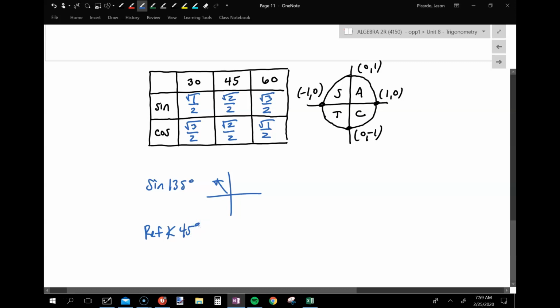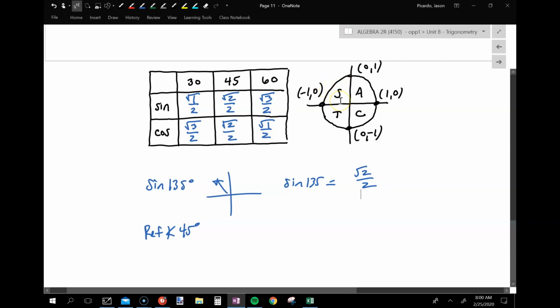Okay, ready? This is where it gets super easy now. I want to know sine of 45. Sine of 45 is radical 2 over 2. Okay, one more thing we got to figure out though. Is my answer going to be positive or negative? Well, I'm in this quadrant, right?